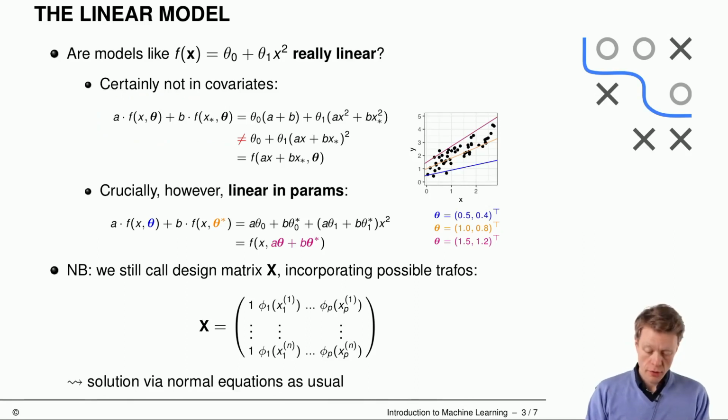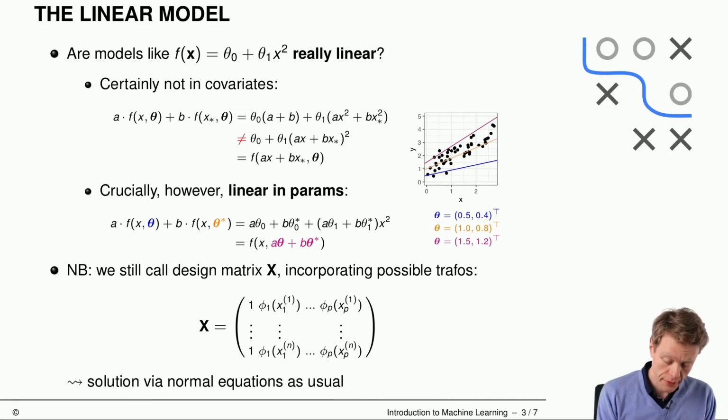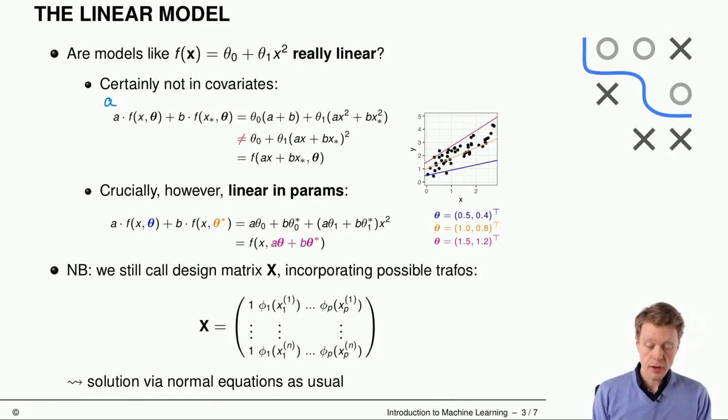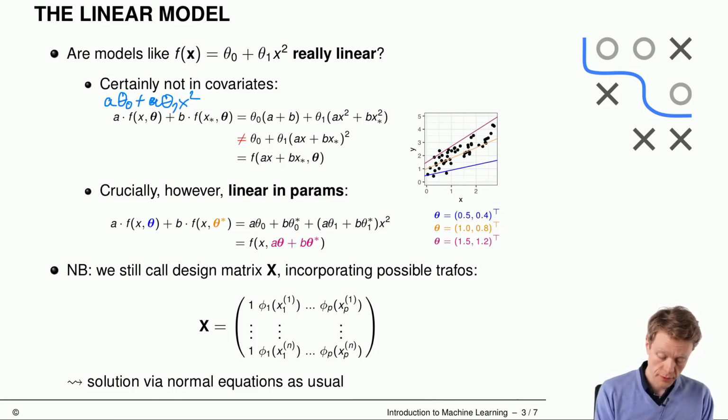So let's go through this step by step. The first part of the weighted sum would be a times theta 0 plus a times theta 1 x squared. And the second part would be b times theta 0 plus b times theta 1 x star squared.